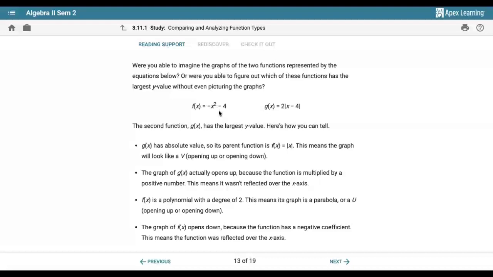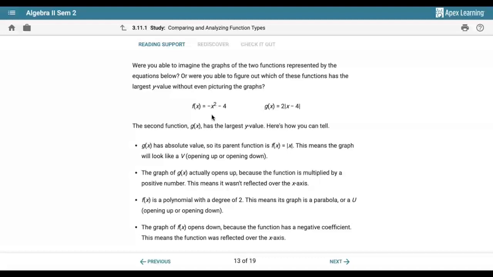The biggest one that I notice is that this has a negative sign out in front, with our variable, and that indicates that we're going to reflect across the x-axis, which means we're going to have a lot of negative values. Our graph is going to be decreasing on both our left and our right side.